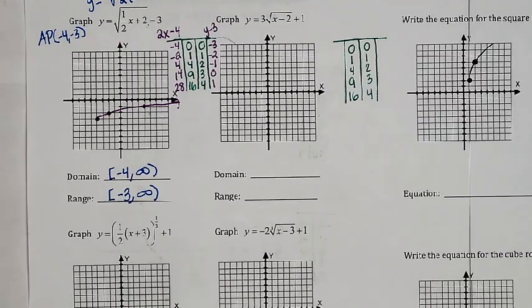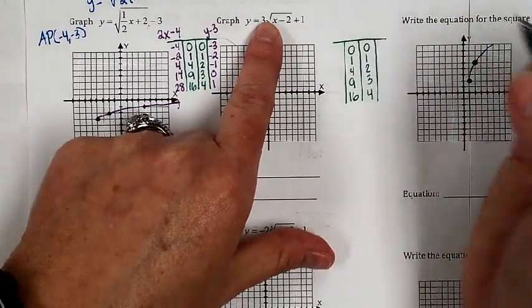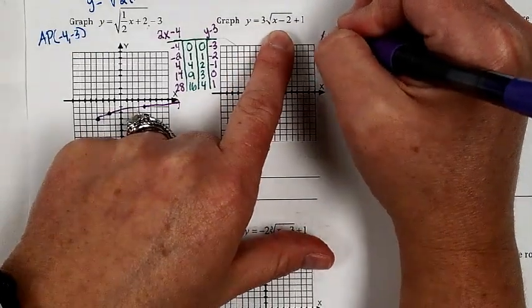If we look underneath the radical, we have x minus 2. The b value that we're multiplying x by is 1, so nothing to factor out. So this is just x. The opposite of minus 2 is plus 2.